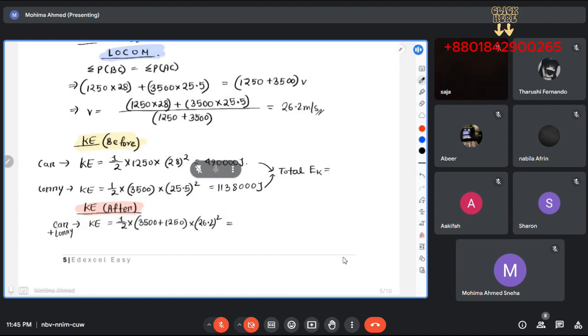And then again calculate this kinetic energy after collision. 1630295.